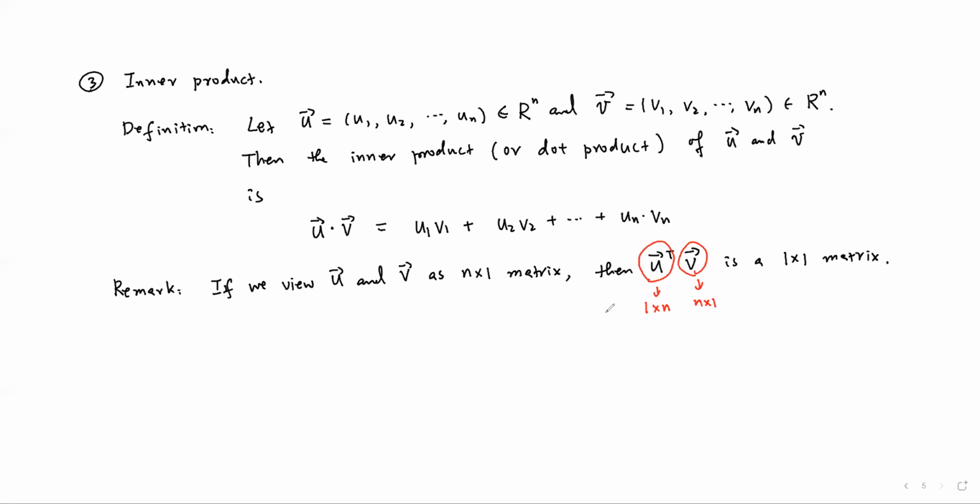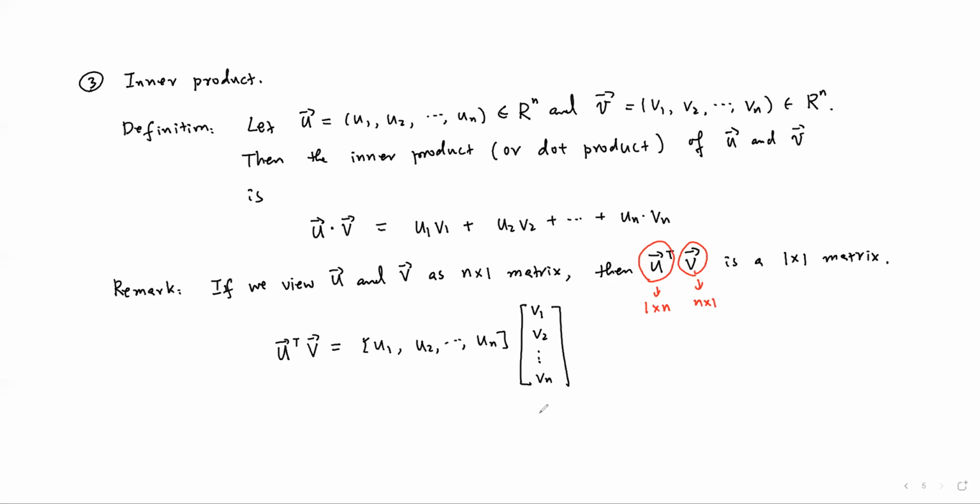Let me compute this 1 by 1 matrix, u transpose v. u is a column vector, n by 1. Take the transpose, 1 by n. So u1, u2, up to un, this is u transpose. Now times vector v, v1, v2, up to vn.